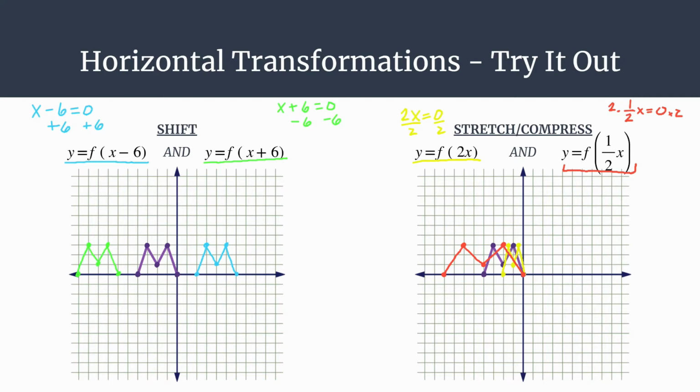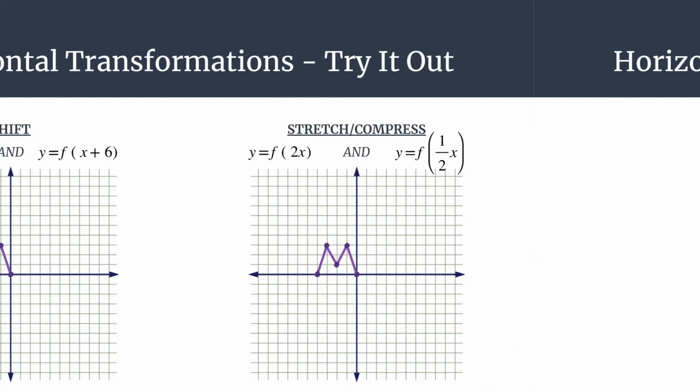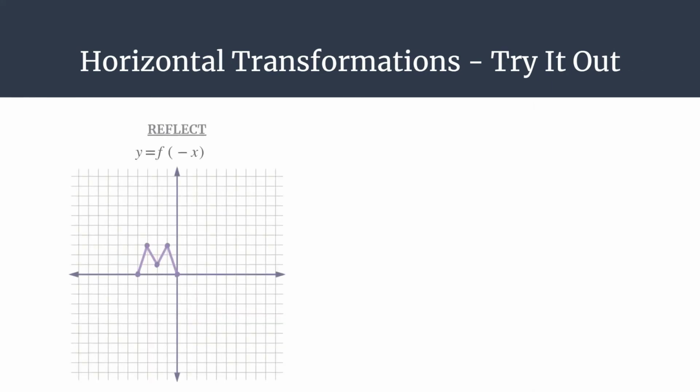All right, so now that we have looked at shifts and stretches or compressions, let's move on, and we'll quickly look at what a reflection would look like. This is if we took our graph f of x, our purple graph, and reflected it horizontally. When I see the negative sign, the negative is your key. It's taking all of your x's and making them negative.